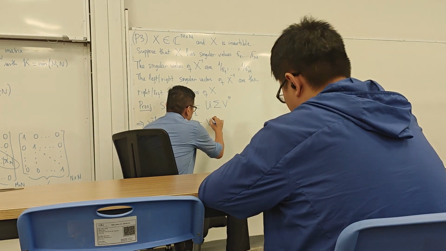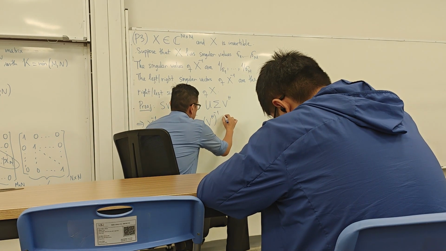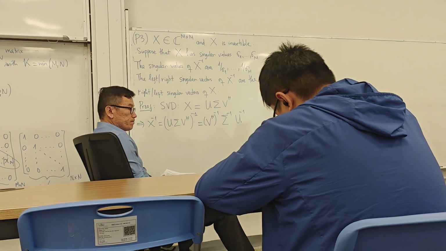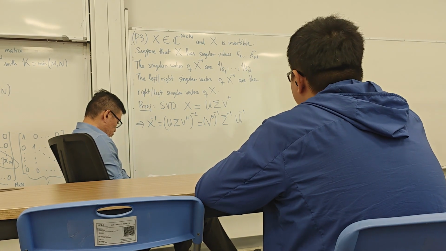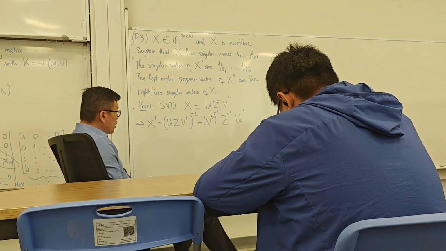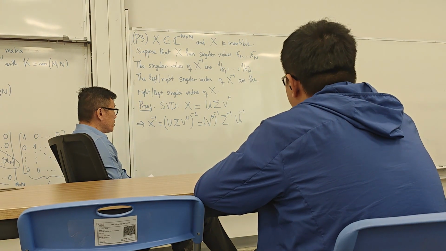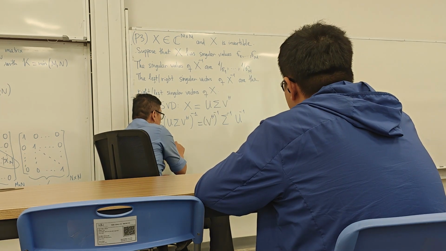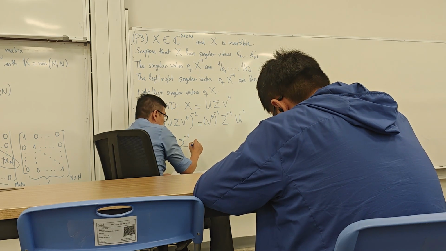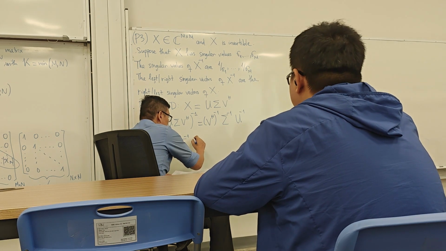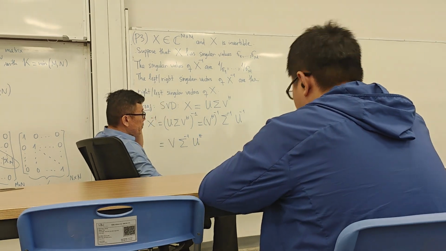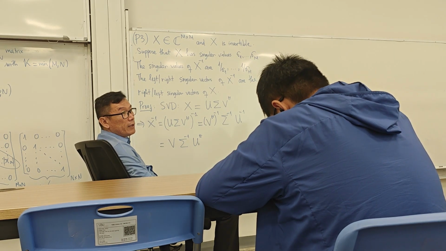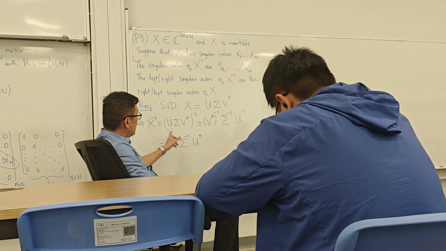Therefore, this becomes V Hermitian inverse times sigma inverse times U inverse. Because U is a unitary matrix, the inverse equals the Hermitian, right? Therefore, we have this one.